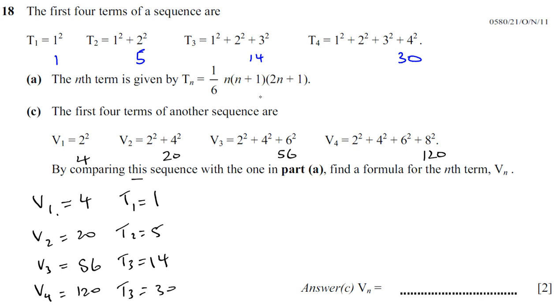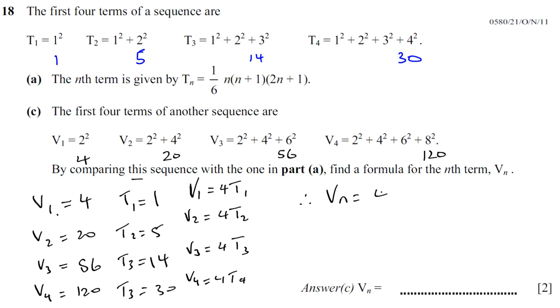And if we look at each of these terms, V1 is 4 times T1, V2 is 4 times T2, V3 is 4 times T3, and V4 is 4 times T4.